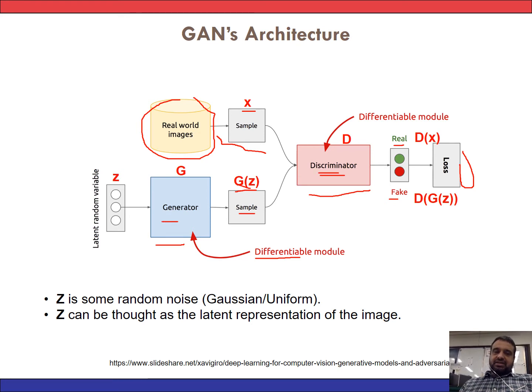Once it is trained, the generator is capable of generating realistic images from noise sampled from the Gaussian or uniform distribution, and at the end the discriminator will not be able to discriminate between the real and the generated samples, because the generator is generating very realistic images.